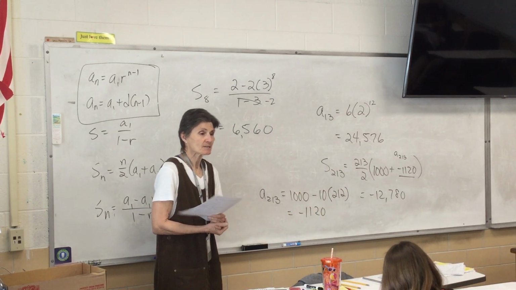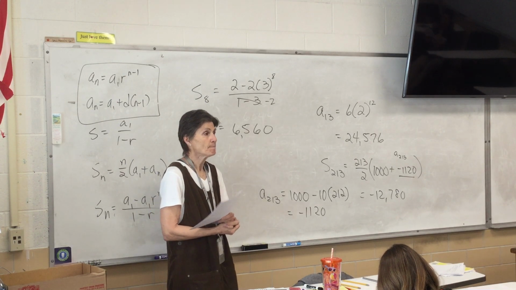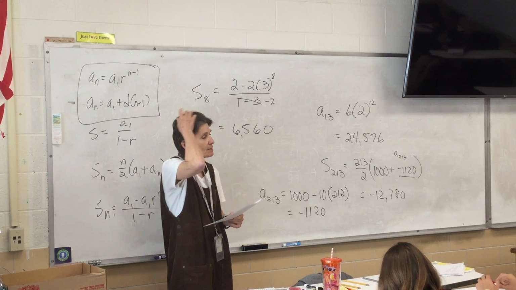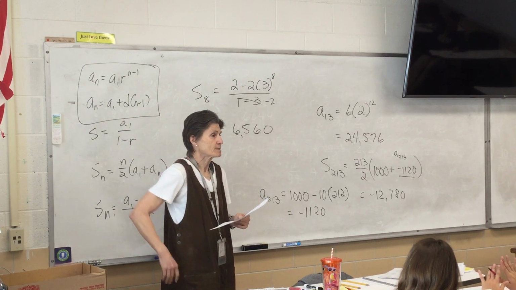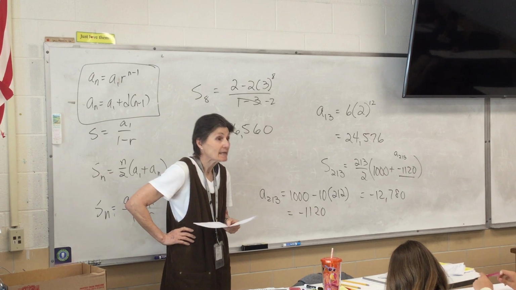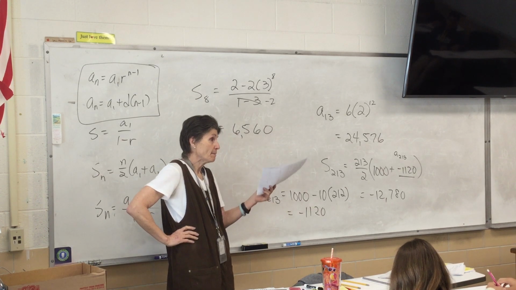All right, anybody have an answer to number 1 or A? 3A? 0. Very good. Did everybody in this room put 0? Because 2/3 is less than 1. Perfect. How about B? No limit.